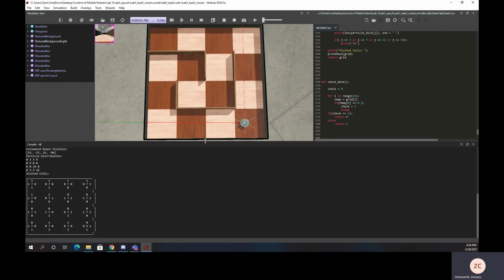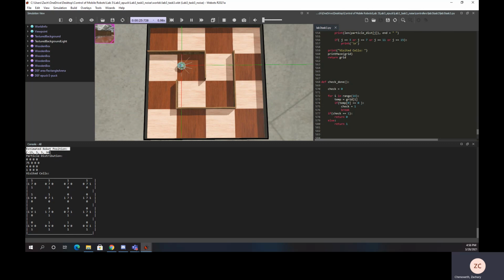And again, you can see it's basically going the same direction as the previous one, but you can see that the distribution of particles is a bit different because now we're accounting for noise. So after several motions, you can see that all the particles are starting to heavily go into one place, and that's where we're saying our robot is.